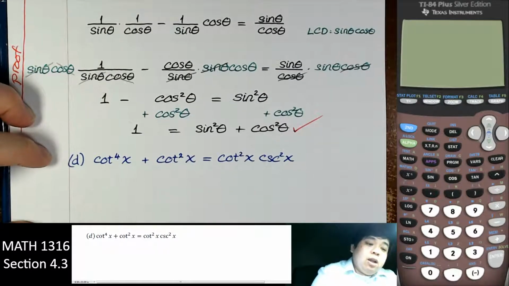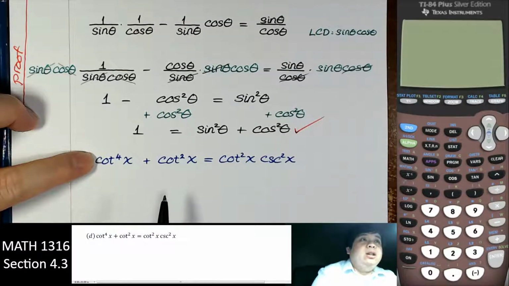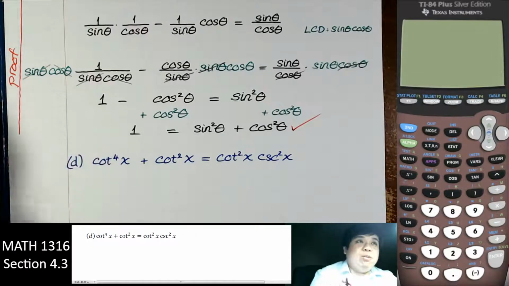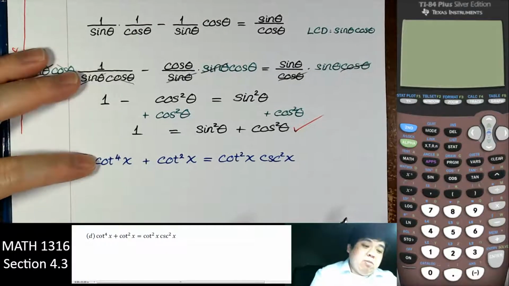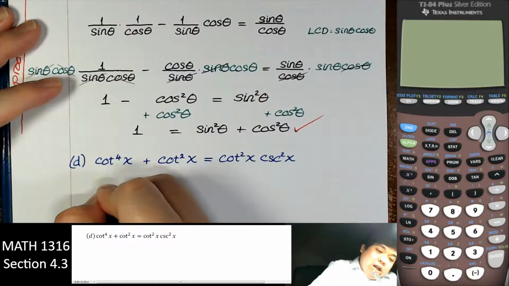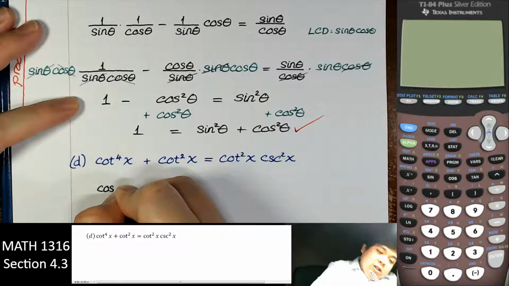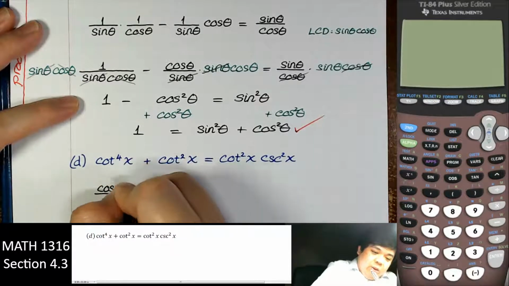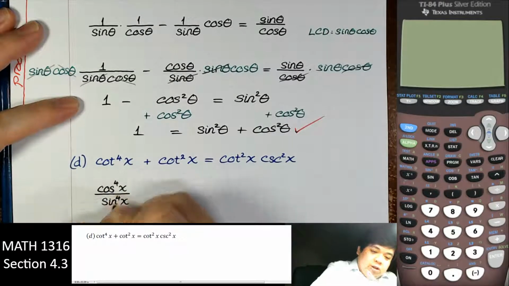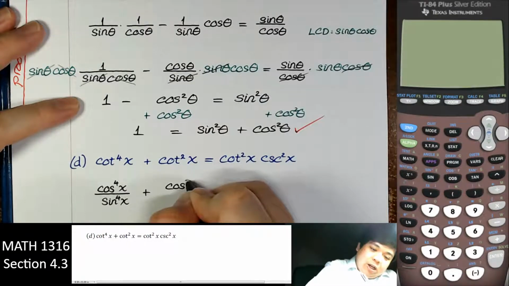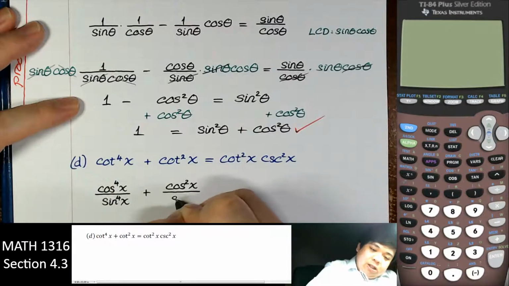Now, try this. Cotangent. By the way, there's no fraction here, so at least we don't have to cross multiply. However, if we write cotangent in terms of cosine and sine, cotangent is cosine over sine. And that's to the fourth, so that will be to the fourth. And then cotangent square is cosine square over sine square.